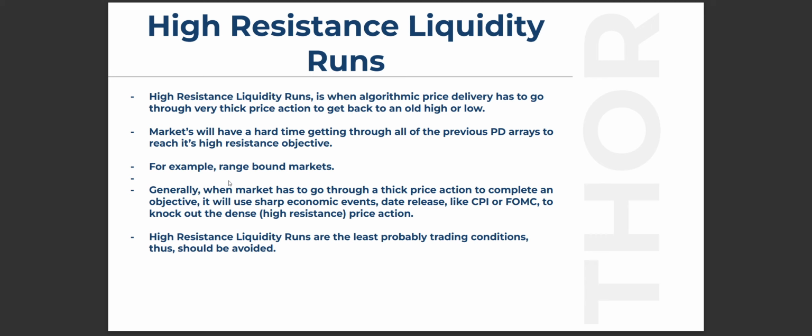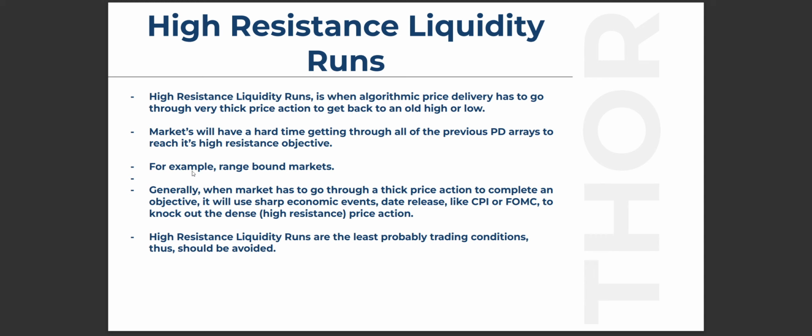Like I mentioned earlier, old highs or old lows will act as support or resistance, and the market will require a lot more fuel to knock out those high resistance objectives. Because of that, it'll be sideways for a while to generate liquidity.